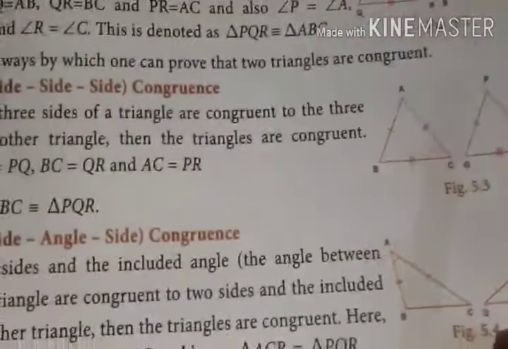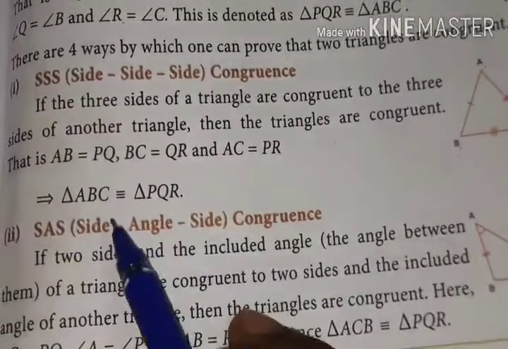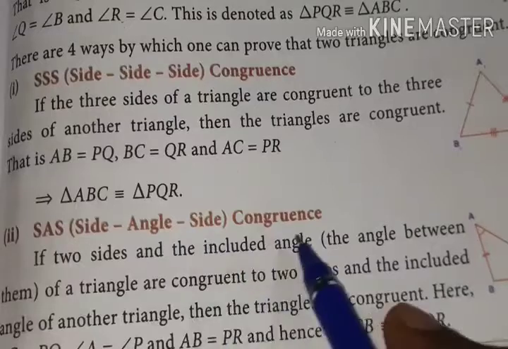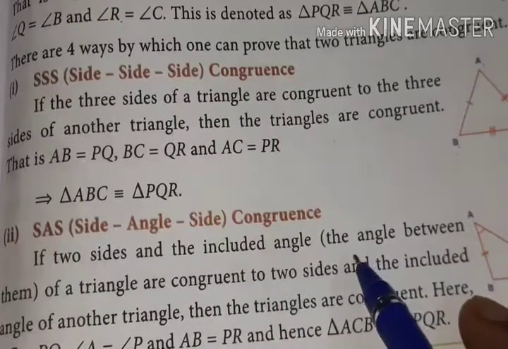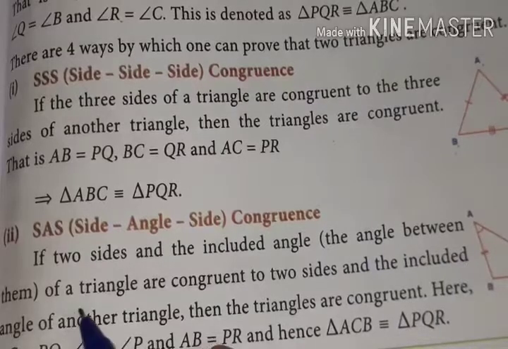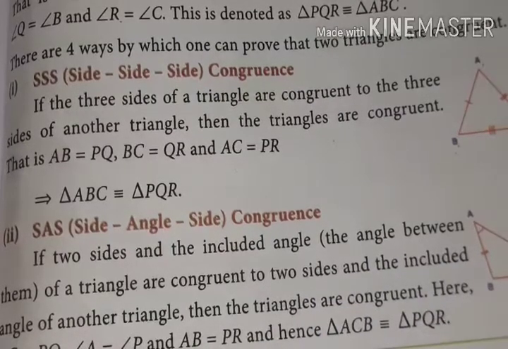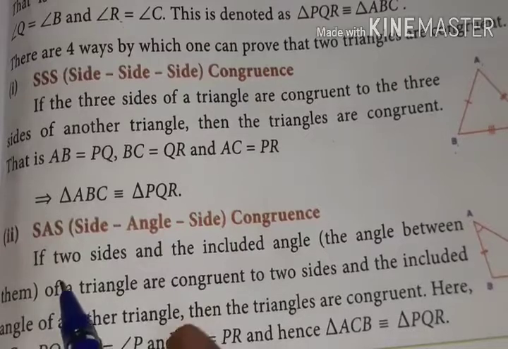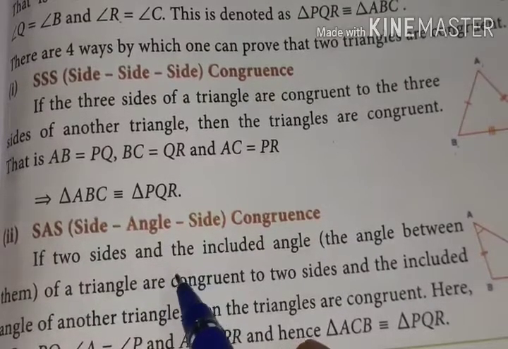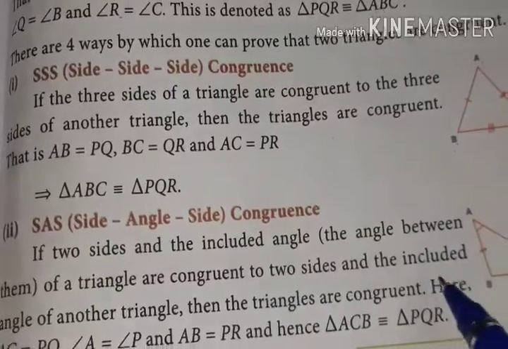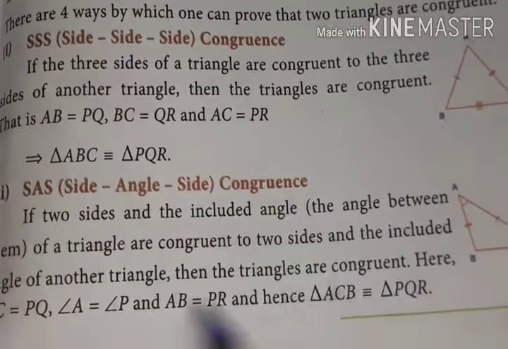Then SAS, side angle side congruence. If two sides and the included angle, the angle between them, of one triangle are congruent to two sides and the included angle of another triangle.